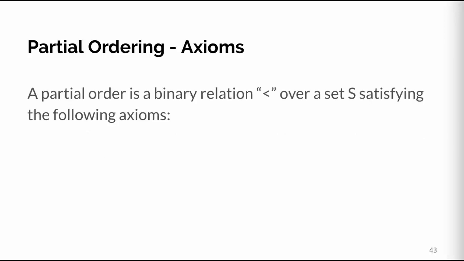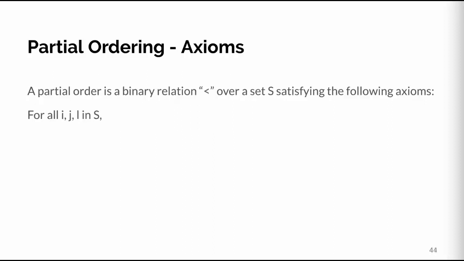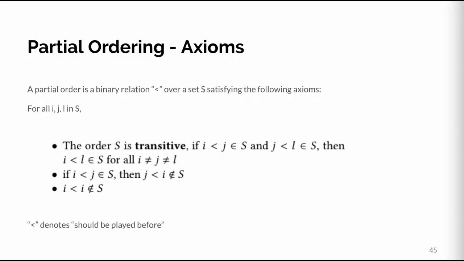A partial order is a binary relation less than over a set S satisfying the following axioms. For this study, note that the relation less than means should be played before. The order S is transitive.